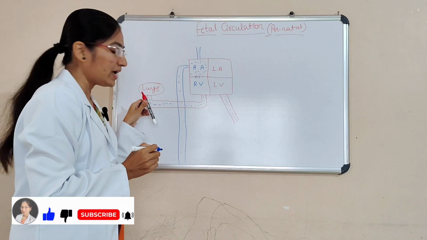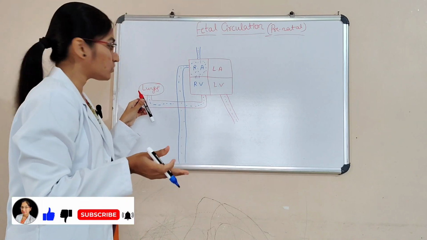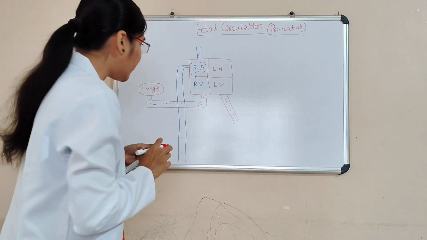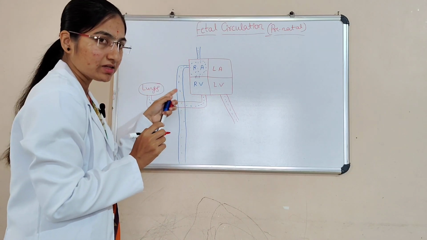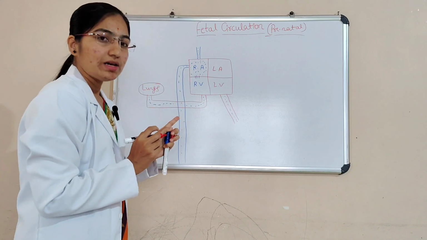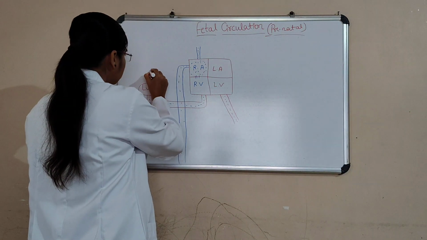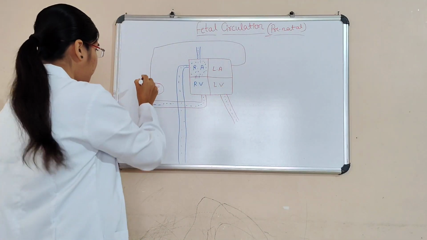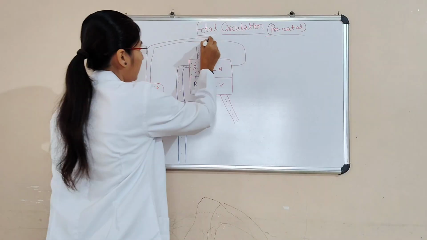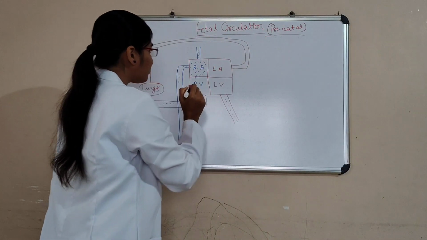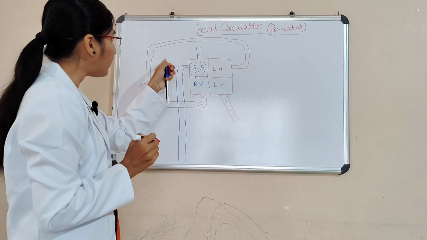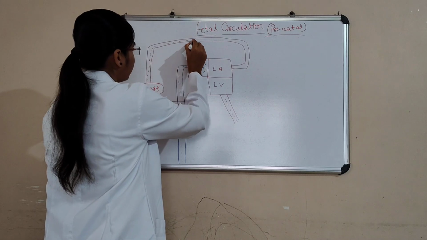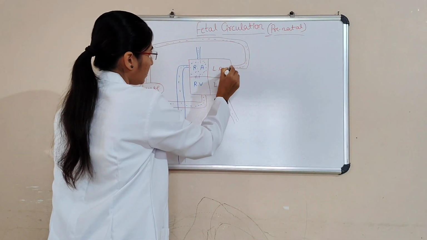Here lungs are functioning and the deoxygenated blood is converted to oxygenated blood. This blood goes to the left atrium from the lungs through the pulmonary vein.